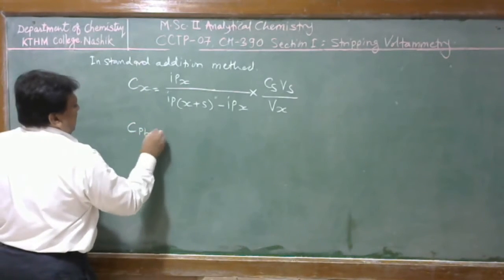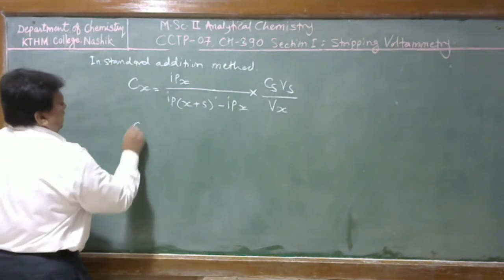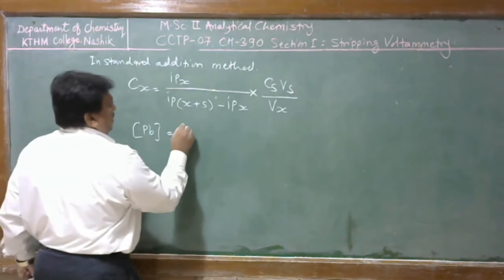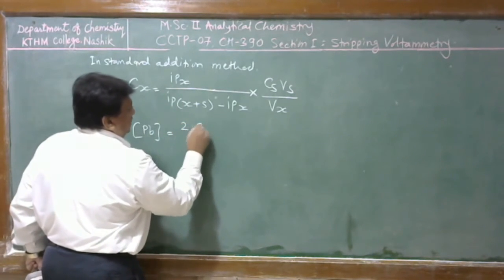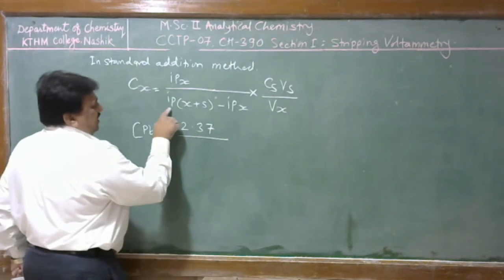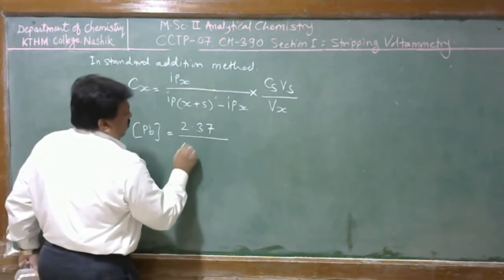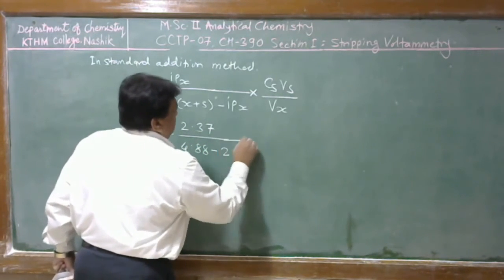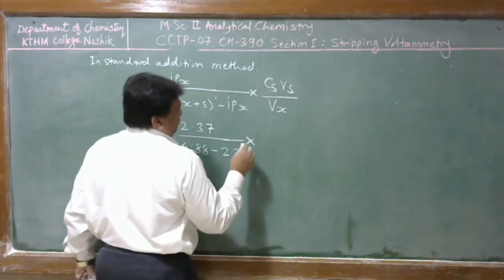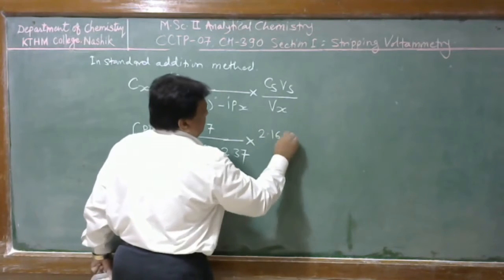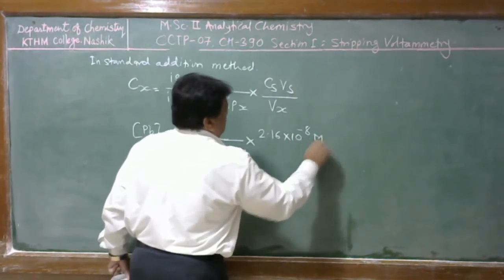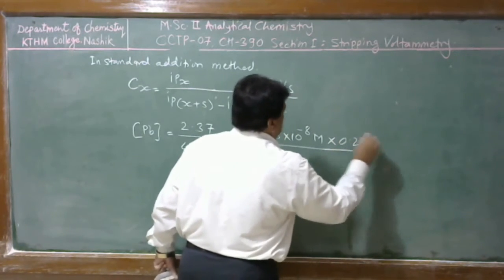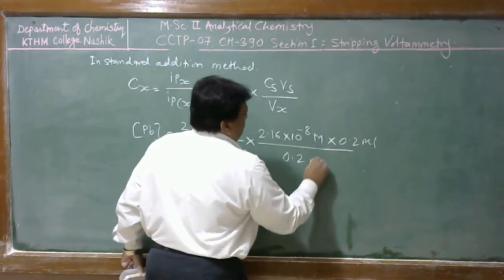Therefore, concentration of lead is equal to IPX for sample, which is 2.37, upon IPX of sample plus standard, 4.88, minus 2.37, into concentration of standard, 2.16 into 10 raised to minus 8 mole, into volume of standard 0.2 ml upon volume of blood sample 0.2 ml.